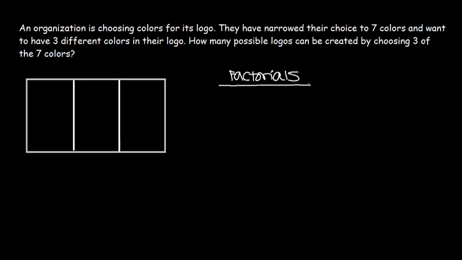What are factorials? You probably have seen this already. So you might see a number and the exclamation point at the end. So something like this is going to be called 5 factorial. And what this simply means is 5 times 5 minus 1 times 5 minus 2 times 5 minus 3 all the way until you're multiplying it to 1.